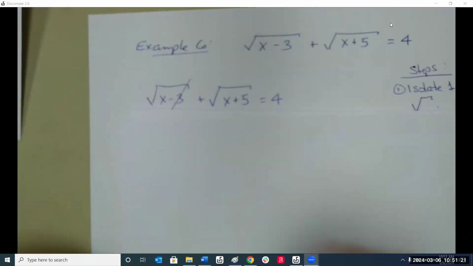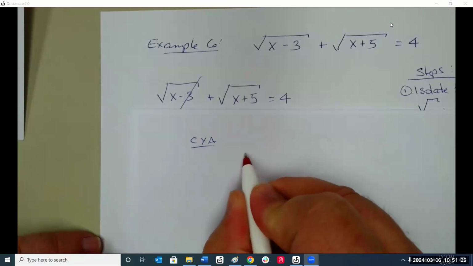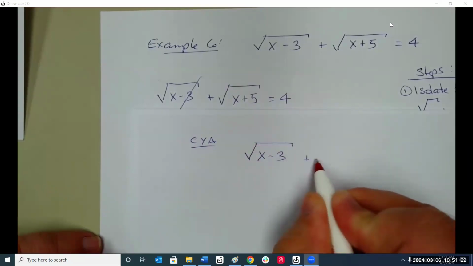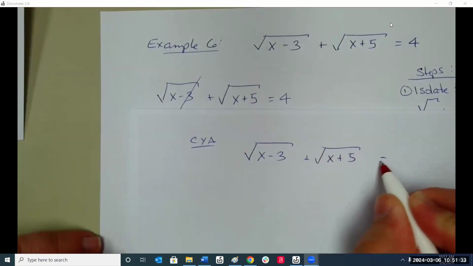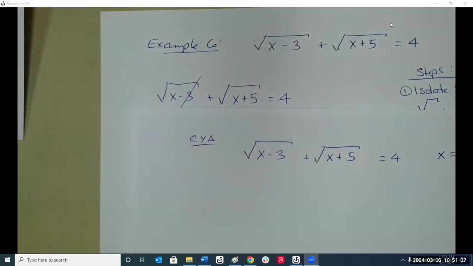You are very welcome. So what we do from here is now we have to check. Square root of x minus 3 plus the square root of x plus 5 equals 4. We're saying that x equals 4.